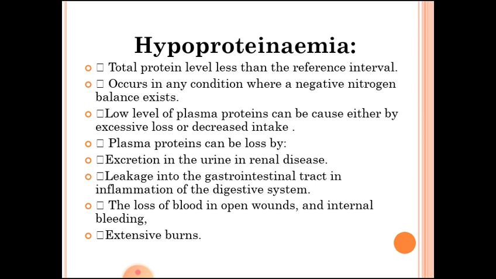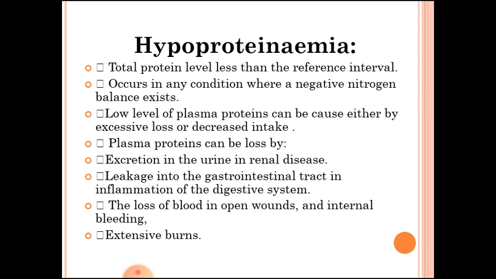So total protein level in hypoproteinemia is less than 5.5 gram per deciliter. It also occurs in many conditions where a negative nitrogen balance exists. Low levels of plasma proteins can be caused either by excessive loss or decreased intake.